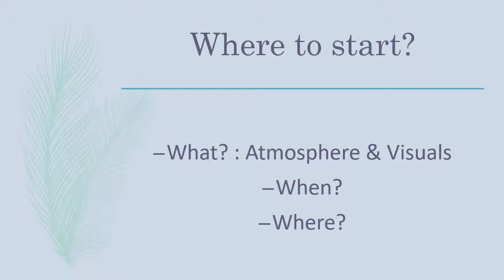The next thing is where to start, the what. Let's begin with the what, and that's basically the atmosphere and the visuals. You will want to write down exactly what type of event you're planning, whether it be big or small, a wedding or a birthday.